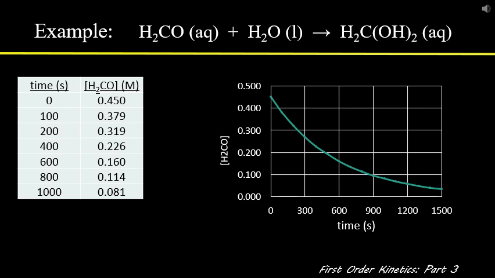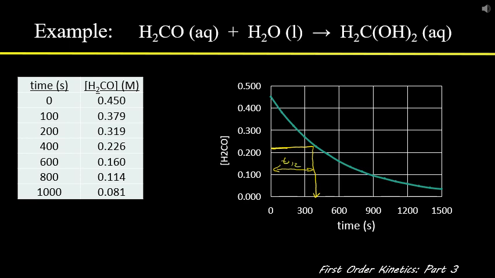So the initial concentration is 0.45 molar. So 1 half-life would be the amount of time it takes to reduce to 1/2 of that, or 0.225 molar. And 0.225 molar is going to be about right here. And so if we, a little higher than that, so if we measure the amount of time required, it brings us down here. That amount of time is 1 half-life. Okay.